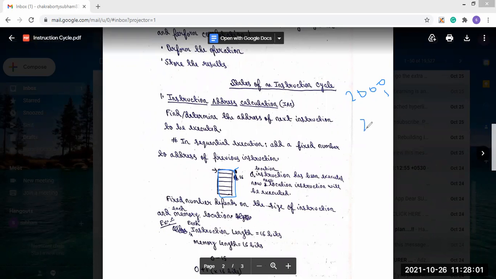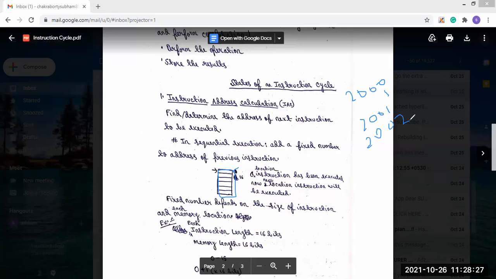If it is character, the size is 1 byte, so the next location address will be 2001. Then the third location address will be 2002, because the character type is 1 byte.